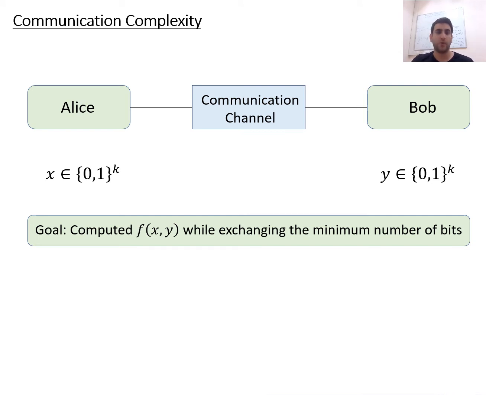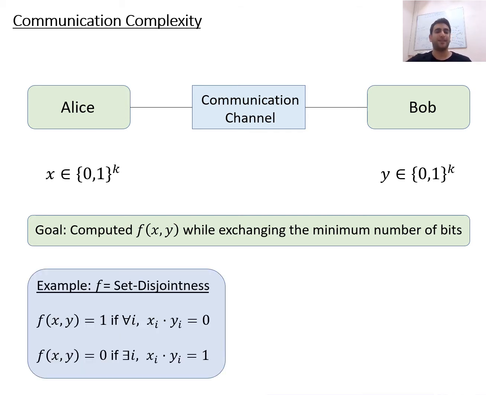One of the most famous functions in this model is the well-known set disjointness function. In this function, Alice and Bob want to know whether their strings intersect somewhere, so whether there is some index i for which x_i is 1 and y_i is 1, or whether their strings are disjoint, which means that for any index i, at least one of the bits must be 0.